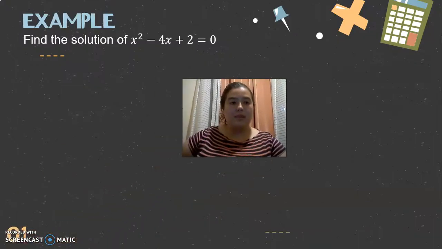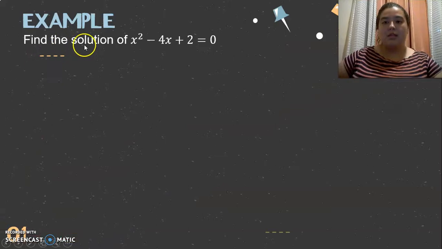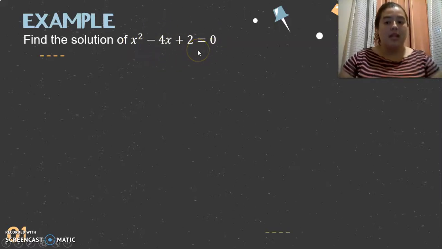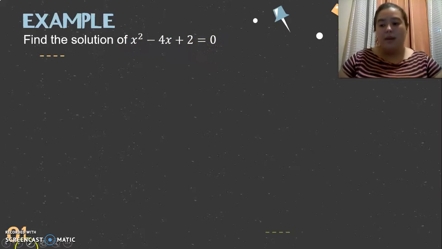In this example, find the solution of x to the second power minus 4x plus 2 equals 0. So this is a quadratic equation. We have to substitute into the quadratic formula.